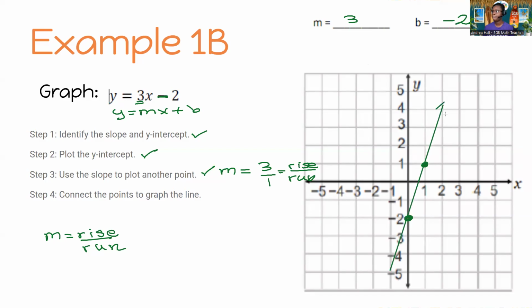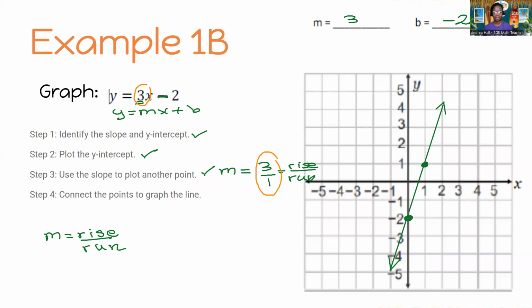And there you go. Now, what's different between this problem and the last problem? In this problem, our slope was a whole number, right? And we had to put it over 1 so we could have a fraction so we could graph it.